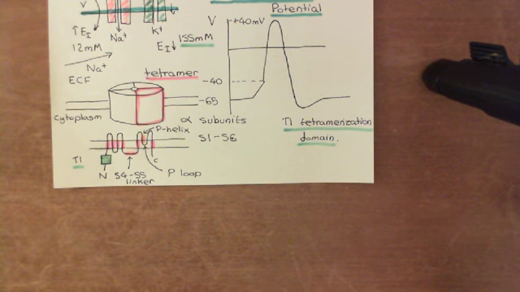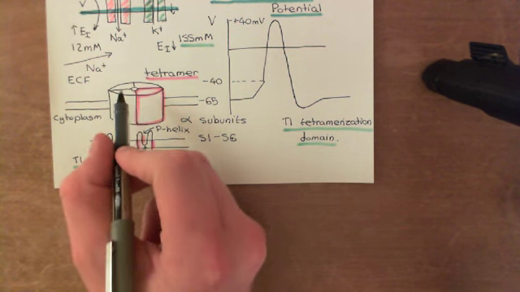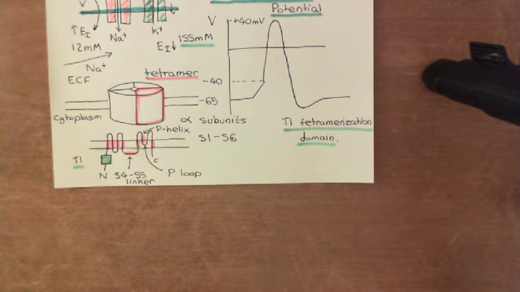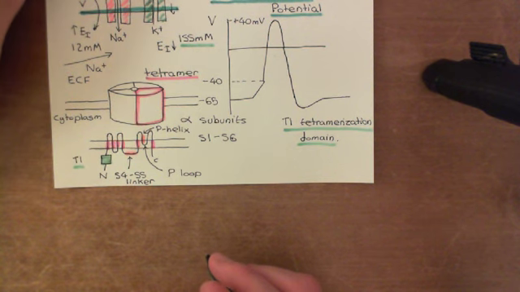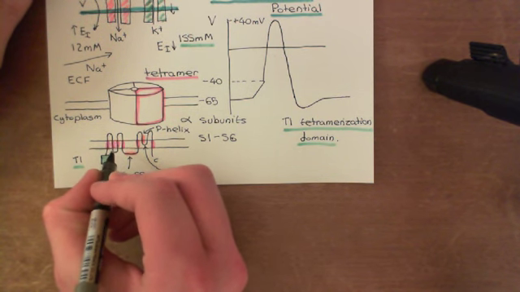So we will come back to the function of the P loop and the S4 S5 linker in a moment. The other thing that I want to say, just before we go on to the structure of the whole tetramer, because I'm going to show you how these things fit into the entire tetramer in a moment and draw a more accurate picture, is that you can see that it's almost divided into two separate portions.